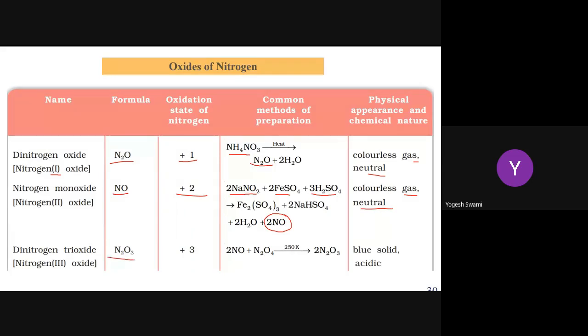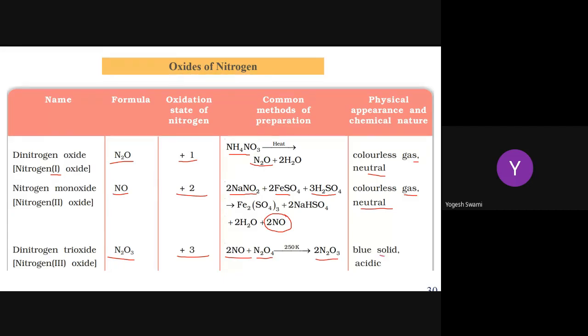Next one is N2O3, dinitrogen trioxide. Oxidation state +3. How is it prepared? NO, nitrogen monoxide, reacts with dinitrogen tetroxide or nitrogen dioxide and converts into N2O3.